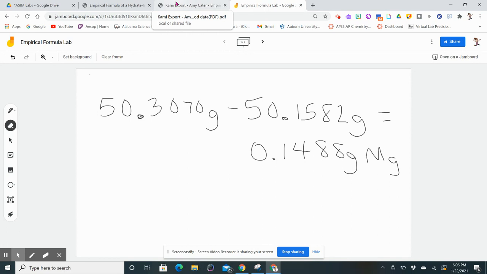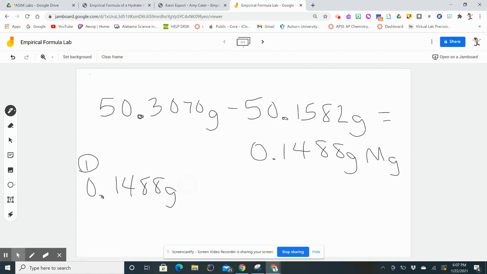Then to find the mass of magnesium consumed, we are going to take this number that I just got right here, 0.1488 grams. And I'm going to subtract from that the mass of magnesium remaining after the reaction has been completed, which is 0.0819 grams of magnesium.